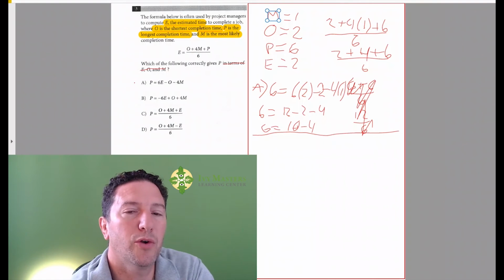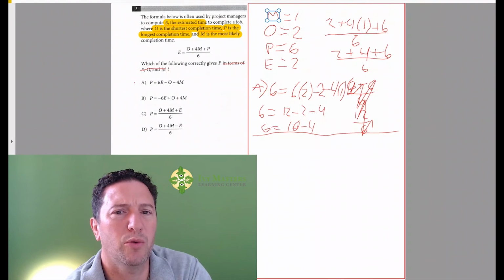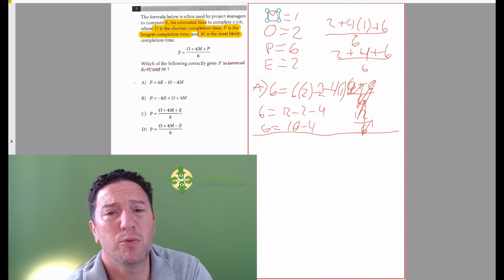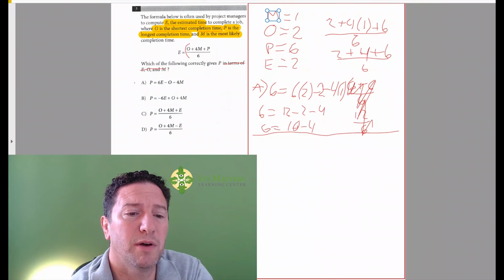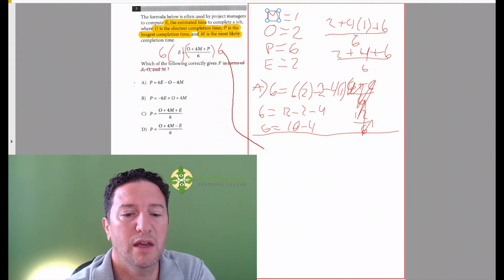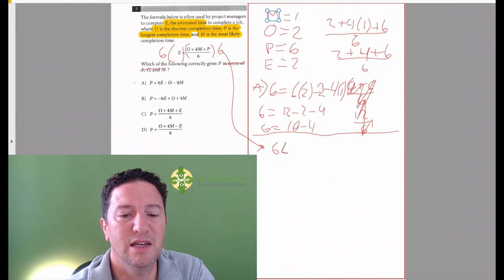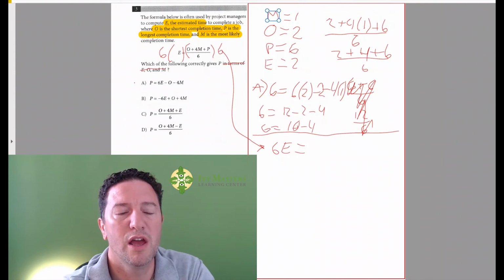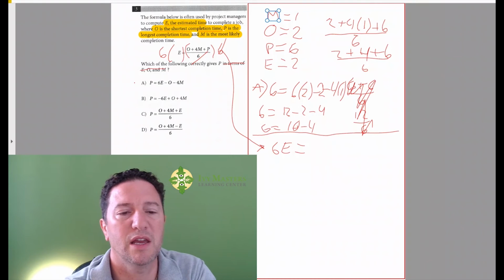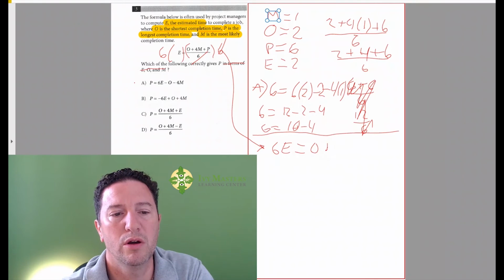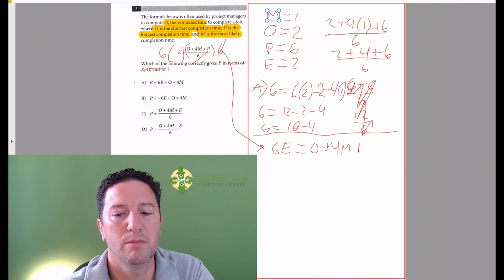What I want to do first is always ask yourself, would you rather work with whole numbers or fractions? You'd rather work with whole numbers. Get rid of the fraction whenever possible, and usually as early as possible. So here you multiply that side by 6, you multiply this side by 6. In that case, you get 6E equals, and all it does on the right side is cancel the 6, O plus 4M plus P.